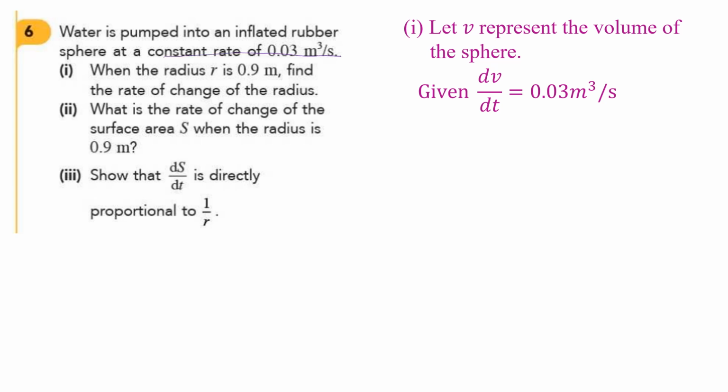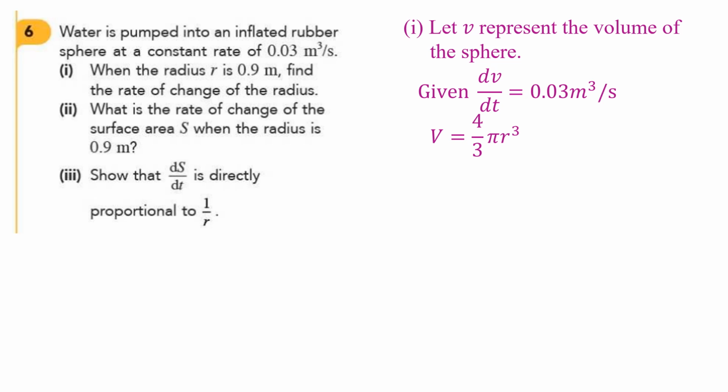If you let V be the volume of the sphere, then this one will represent dV over dt. So you must be able to do this. Very important. You must be able to rewrite 0.03 as dV over dt. Then the next step is that we can write down the formula to find volume of our sphere.